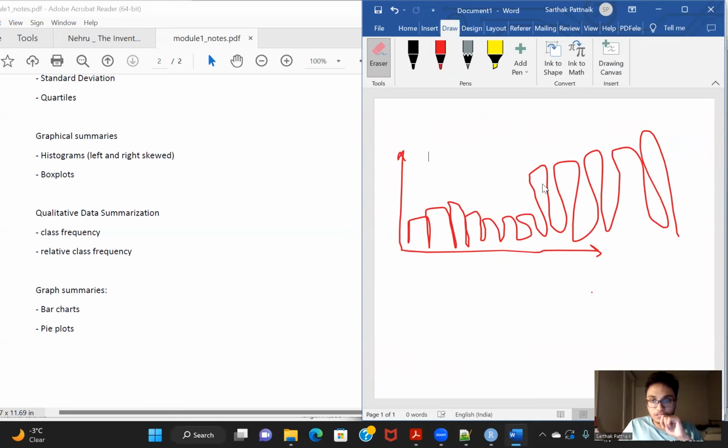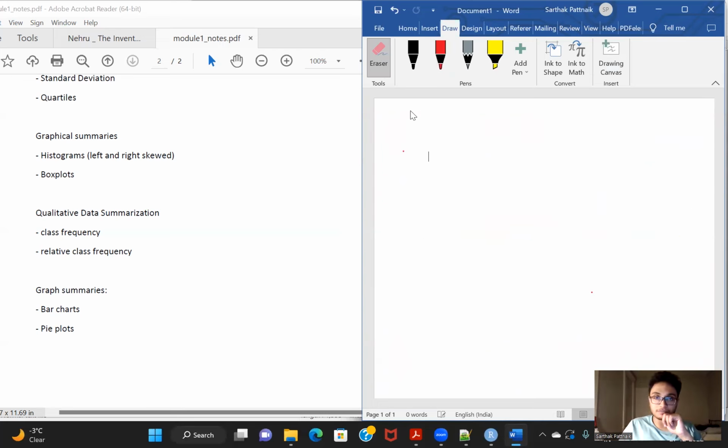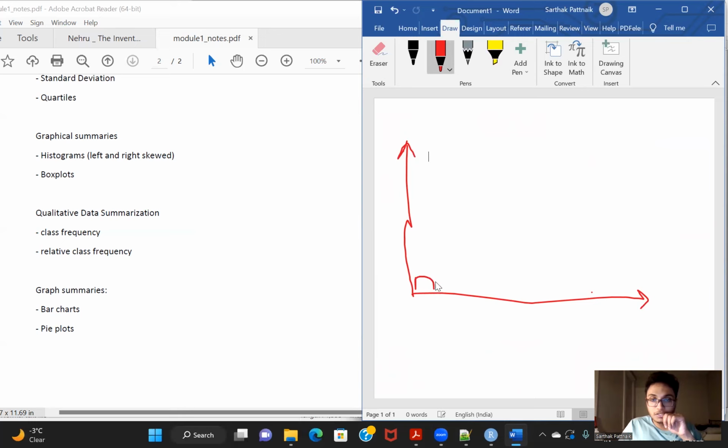Let me draw this a little better to make you understand. So you will see extremely less frequency here, but as the histogram moves forward, you will see extremely high frequency.